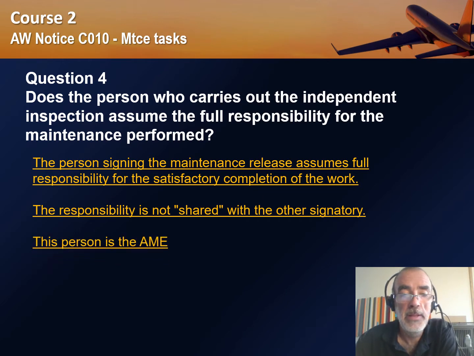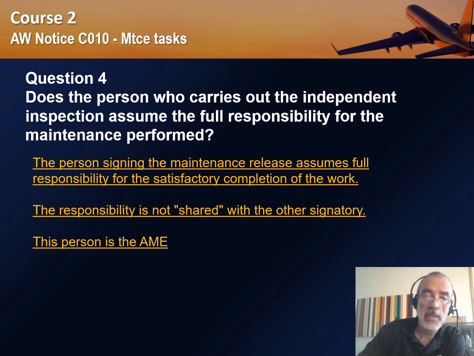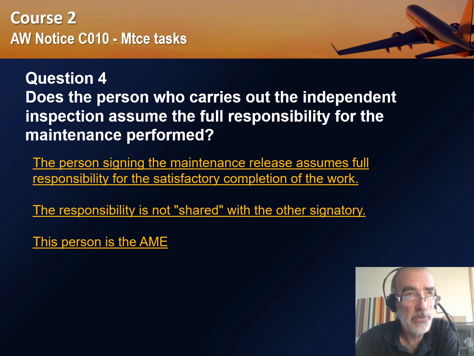The person that does the maintenance release is the AME ultimately. Now this means that some other people can do the inspection without having an AME license necessarily, but there's some important information in regards to what that person's qualifications should be.